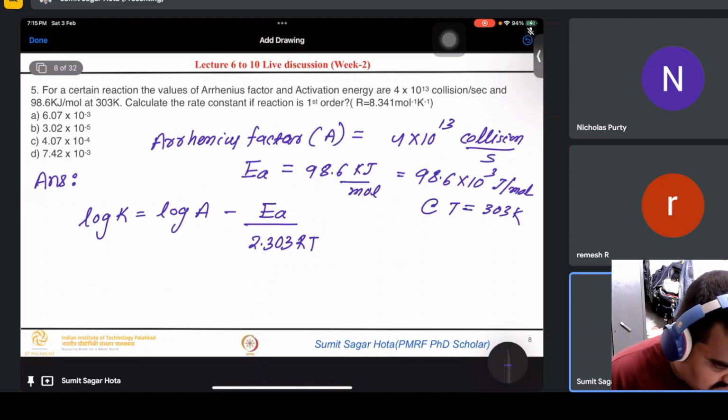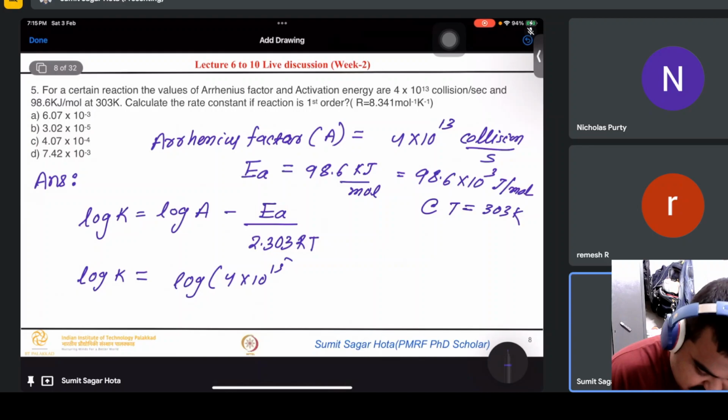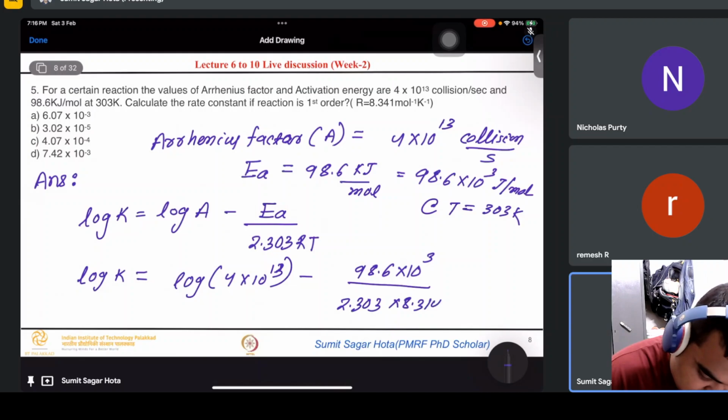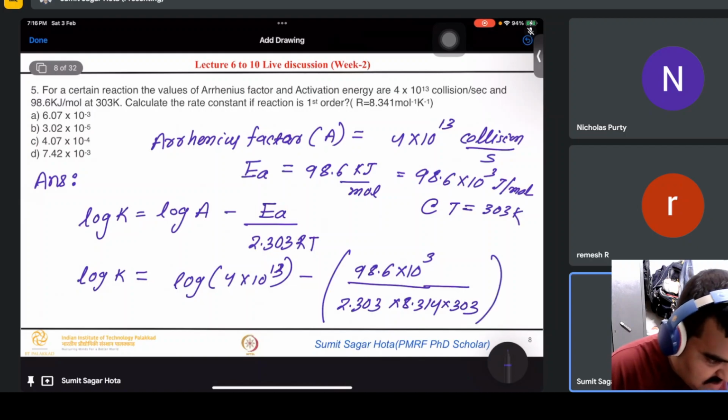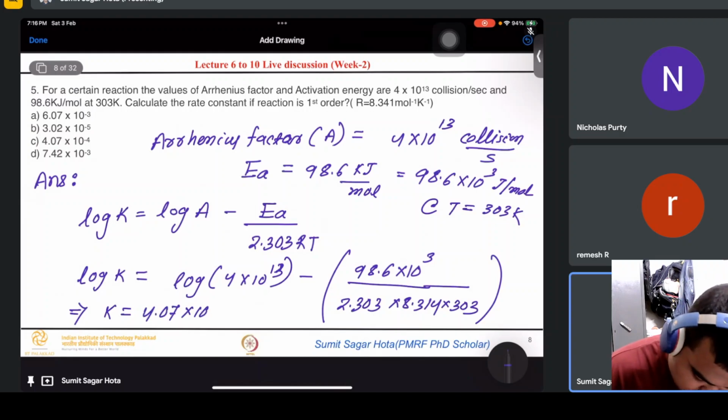You just substitute the values and find out the rate constant. Then you solve and find out, and the answer is option C.